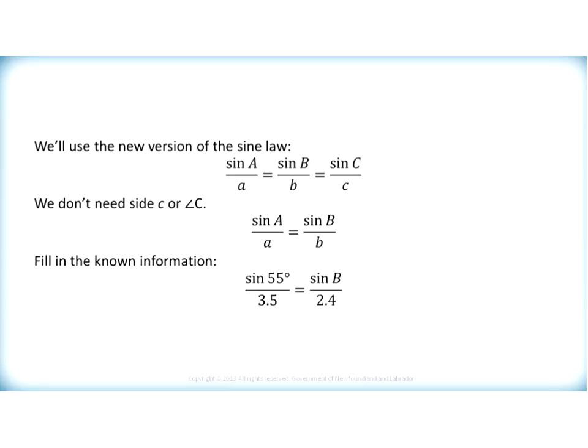So we can cross multiply. Of course, another way we can do this, if we want to get sine B by itself, is the other way I was referring to. Right now we're dividing sine B by 2.4. So to get sine B by itself, we do the opposite operation, which is to multiply sine B over 2.4 by 2.4.